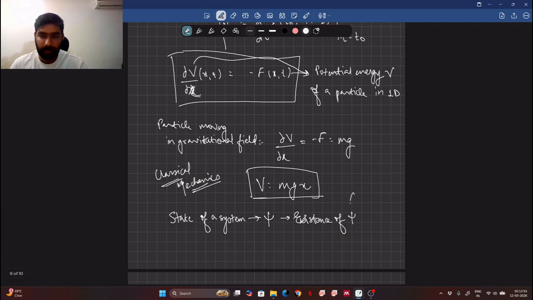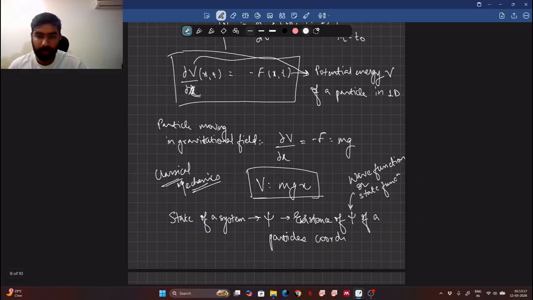So this is either a wave function or a state function of a particle, of a particle's coordinates. So the state of a system represents the existence of a wave function of the particle's coordinates.